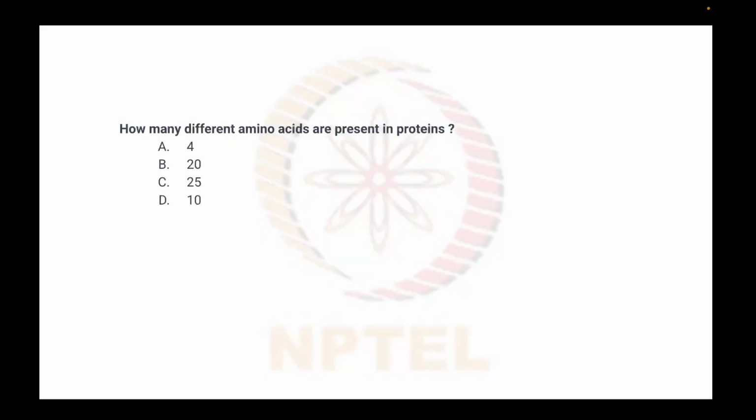So now I have a question: how many different types of amino acids are present in proteins, considering naturally occurring ones?